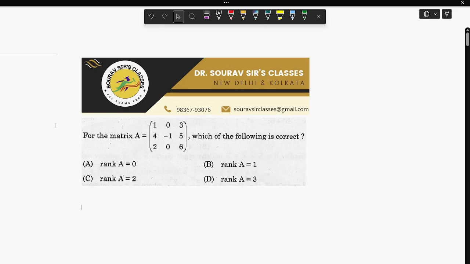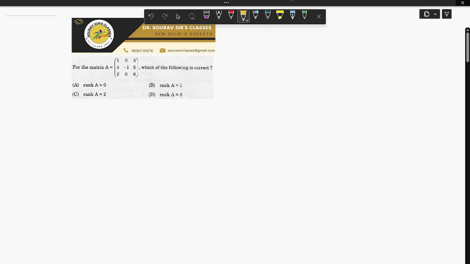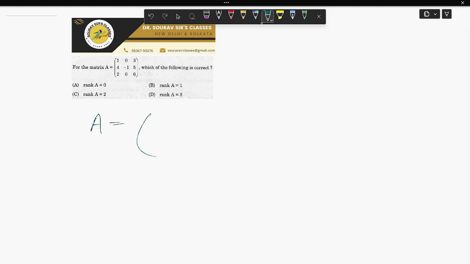So let us take this pen. They gave that our A is equal to [1 0 3; 4 -1 5; 2 0 6].